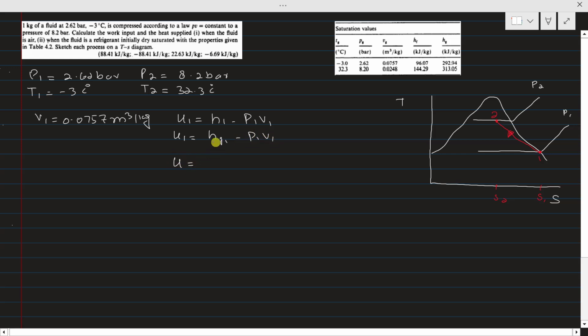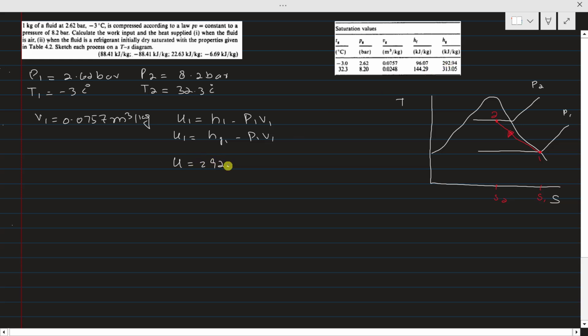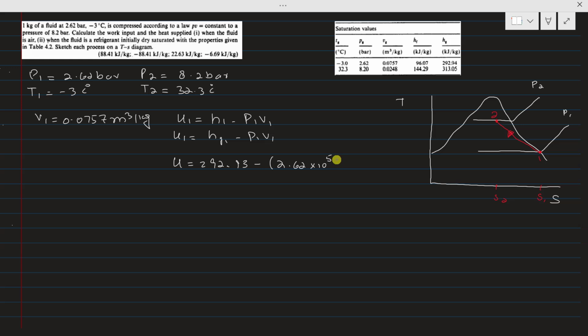And where will you get this Hg1 value? This is the Hg1 value at state point 1, that is 292.93, minus pressure P1, that is 2.62 multiplied by 10 to the power 5, because to convert bar into Pascal we multiply with 10 to the power 5.